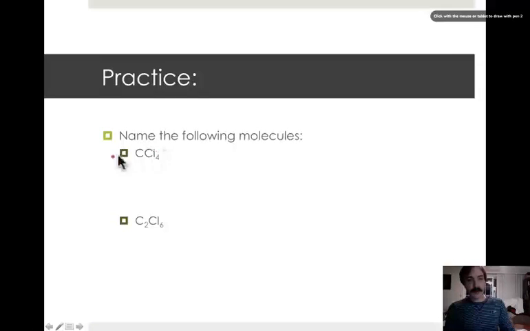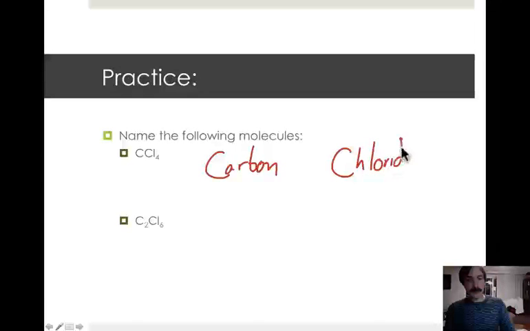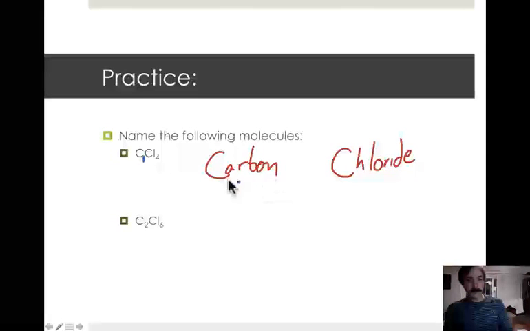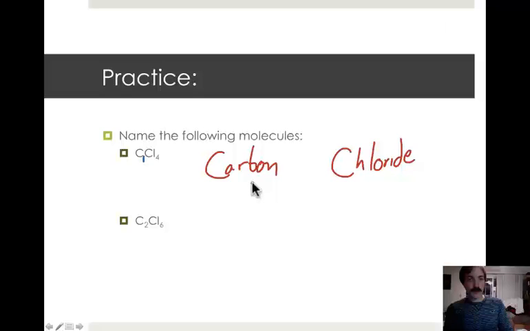All right, let's see if you got it right. We're going to list carbon first because it's further left on the periodic table. So this would be carbon, and then we have chlorine, but we give it the "ide" ending, so this will be chloride. Then we need to give them prefixes. I only have 1 carbon, and since carbon is the first name here, I don't have to give it a mono. So I just keep it as carbon, but then I look at my chlorine and I have 4 of them, so this becomes tetrachloride.